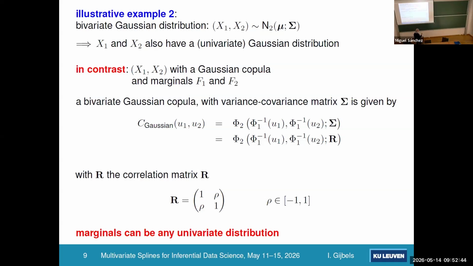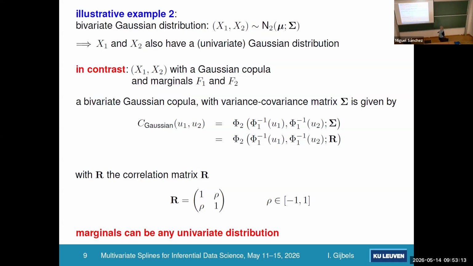Now, since there is this property about this transformation, this is actually equal when you work with the correlation matrix, which is easier. And the correlation matrix depends on the correlation coefficient. If it's 0, we have independence. We heard that, I think, from John. If it's away from 0, then you have some kind of dependence.